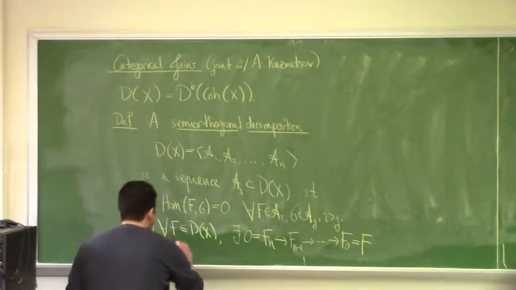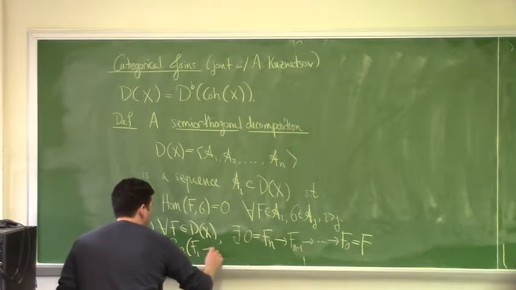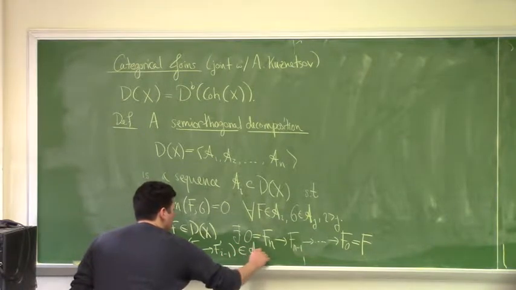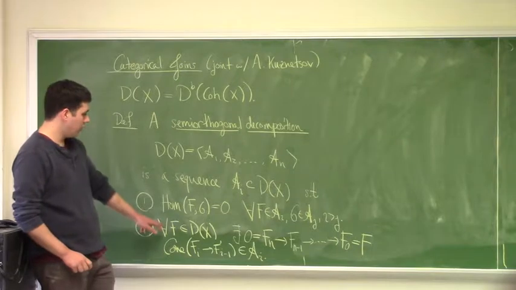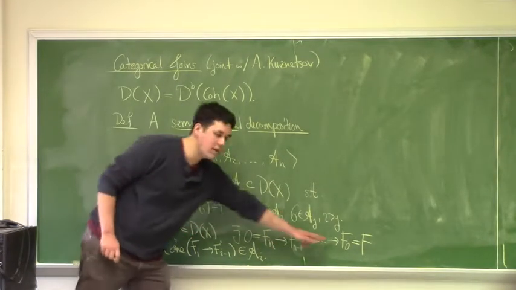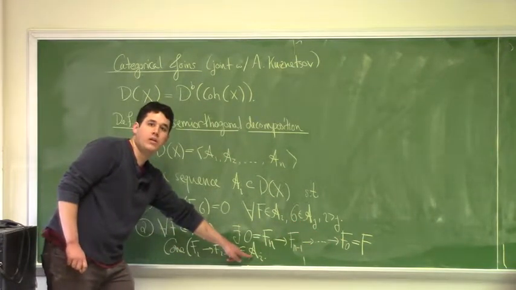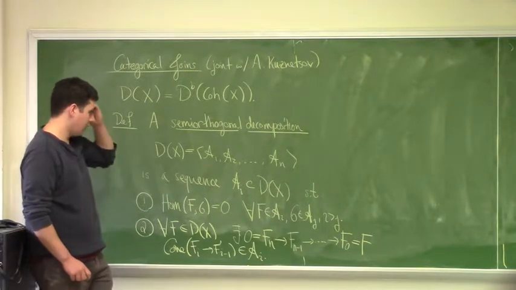The property is that the cone of F_i mapping to F_{i-1} should lie in the category A_i. So in words, what does the second condition say? It says that every object has a filtration whose graded pieces lie in these categories A_i. So this is the sense in which this thing is a decomposition of the category.